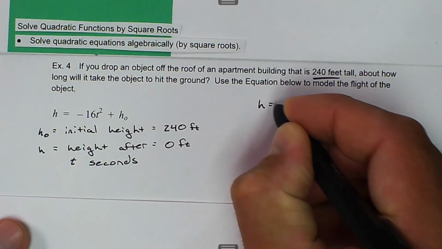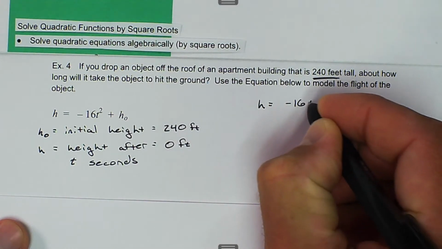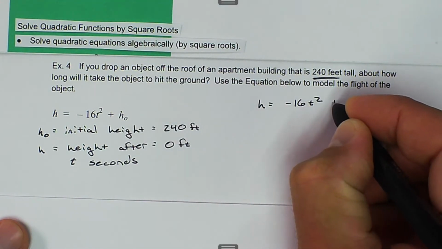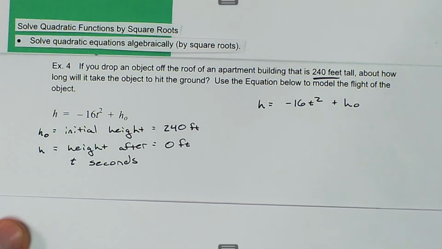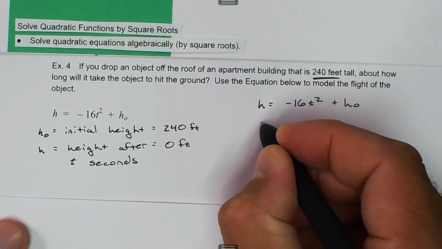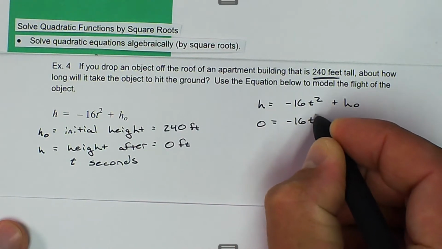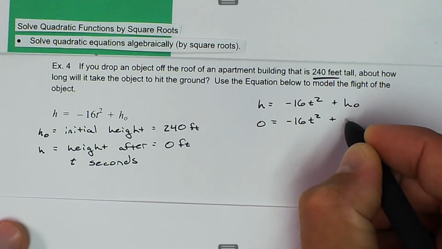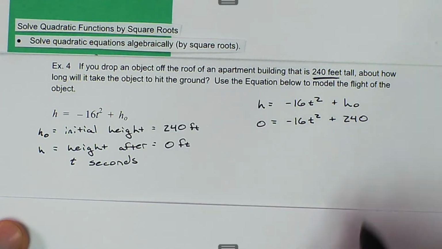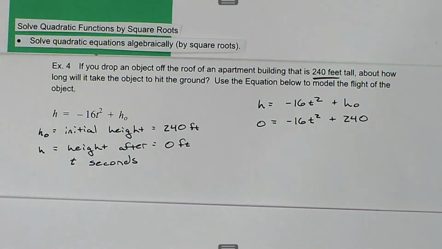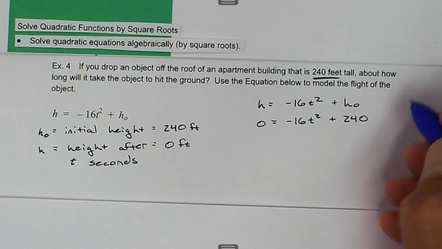So h equals negative 16 t squared plus h sub o. We said h was 0, and h sub o we said was 240. And so we can solve that equation, and we're going to use GEMDES to solve this equation.